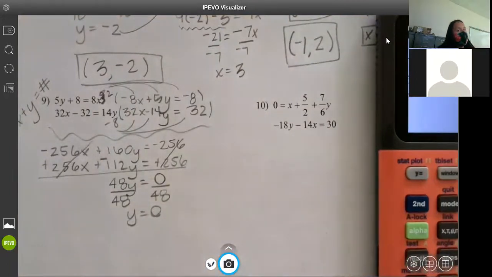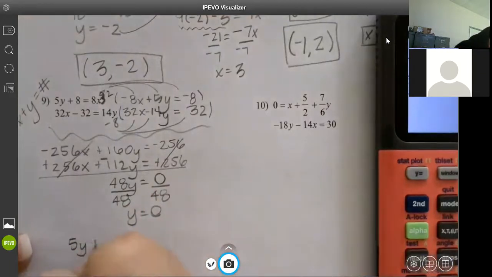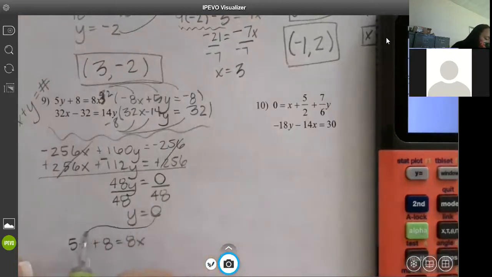Pick an equation to plug into. I'm going to pick the top one because those numbers are a lot smaller than the bottom ones. So 5y plus 8 equals 8x. And we're going to plug in 0 for y.